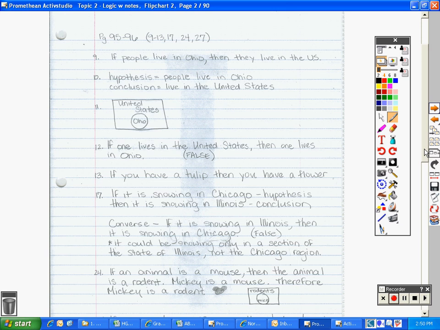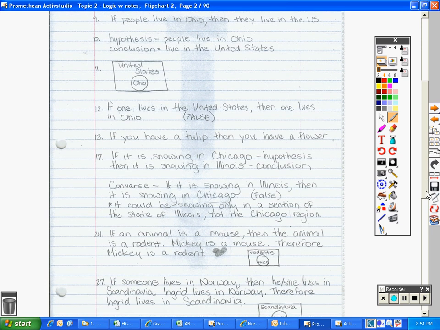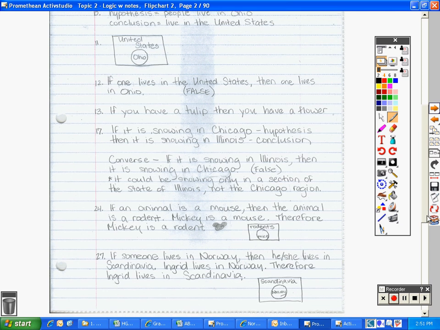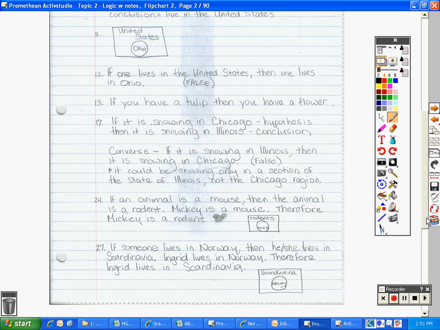So that is a false statement. It just shows us that sometimes the converse will be true and sometimes it won't. And we will talk about that a lot later. 13, moving on. If you have a tulip, then you have a flower would be your conditional statement. Here in 17, you were asked what's the hypothesis and the conclusion.